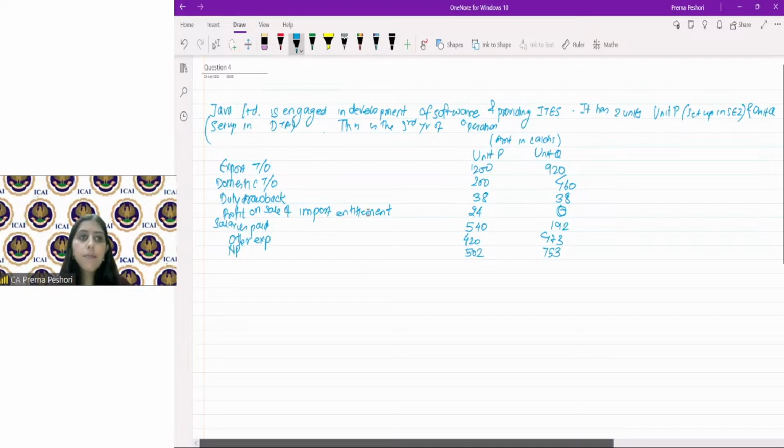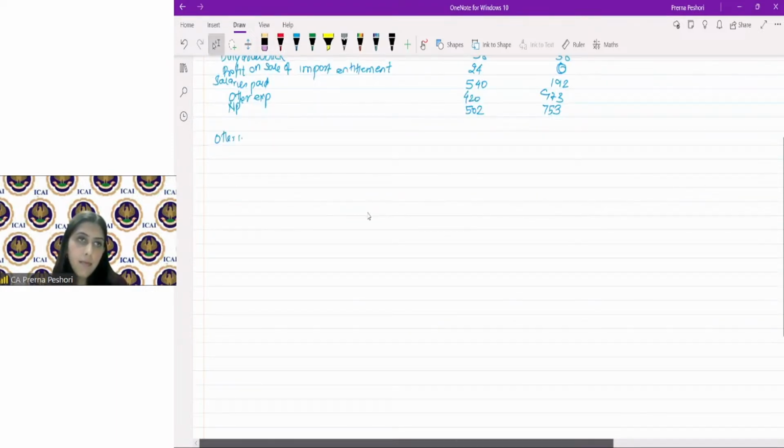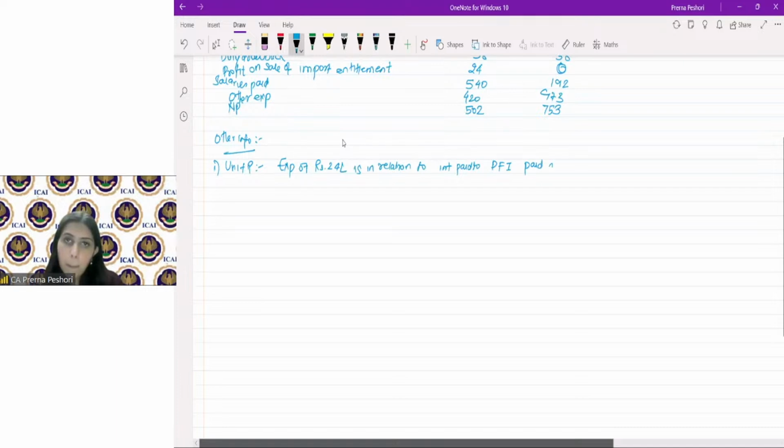Other information. With regard to Unit P, expense of 24 lakh is in relation to interest paid to the public financial institution, paid on 30th November 2023.